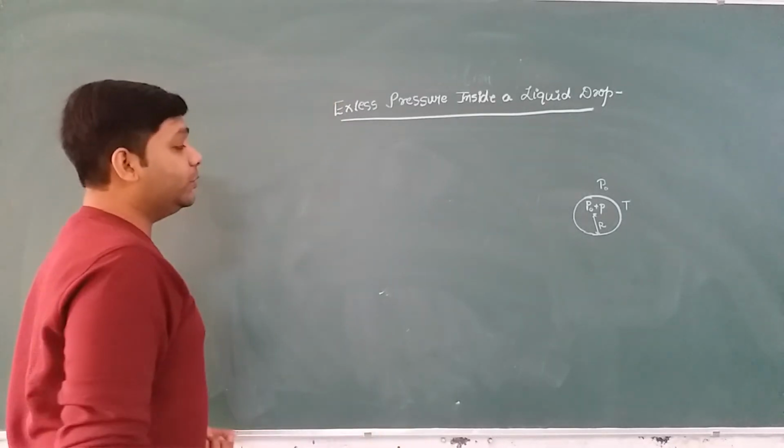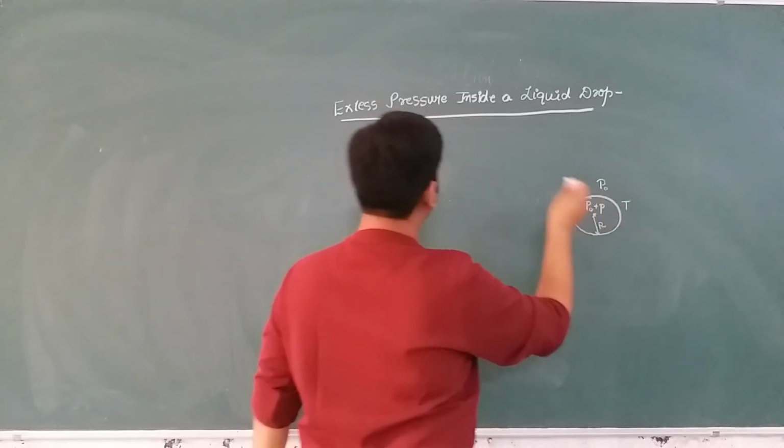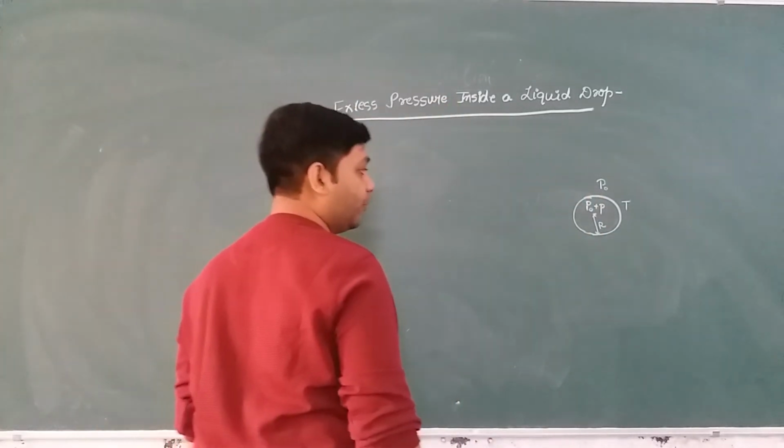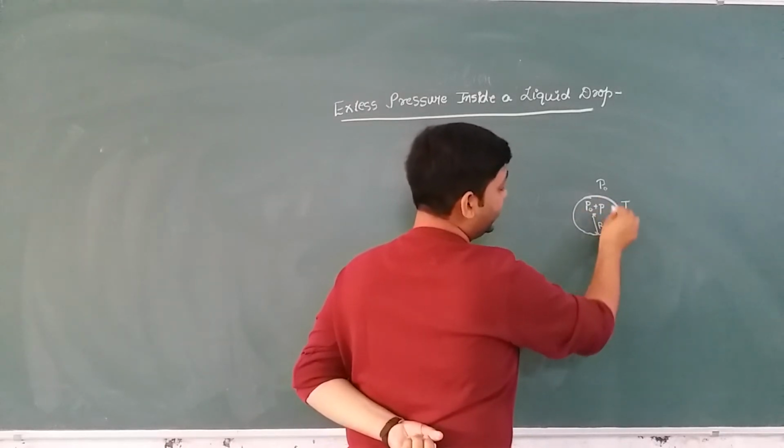Now we are going to see the derivation, how we derive the expression for the excess pressure inside a liquid drop. So clearly there is an excess of pressure inside the liquid drop.